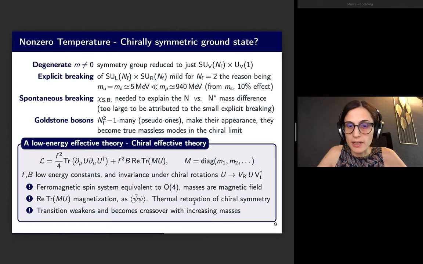And we have thermal restoration of chiral symmetry, meaning that increasing the temperature or correspondingly the coupling, at some point this quantity will become zero. However, the transition, which is found in this way by looking at the value of this order parameter, magnetization-like, weakens and becomes a crossover when you let the involved masses increase.